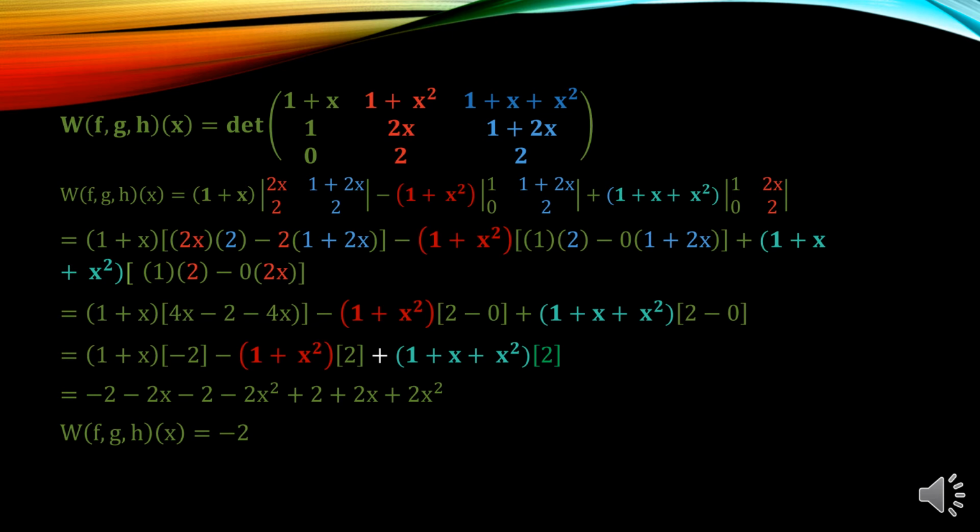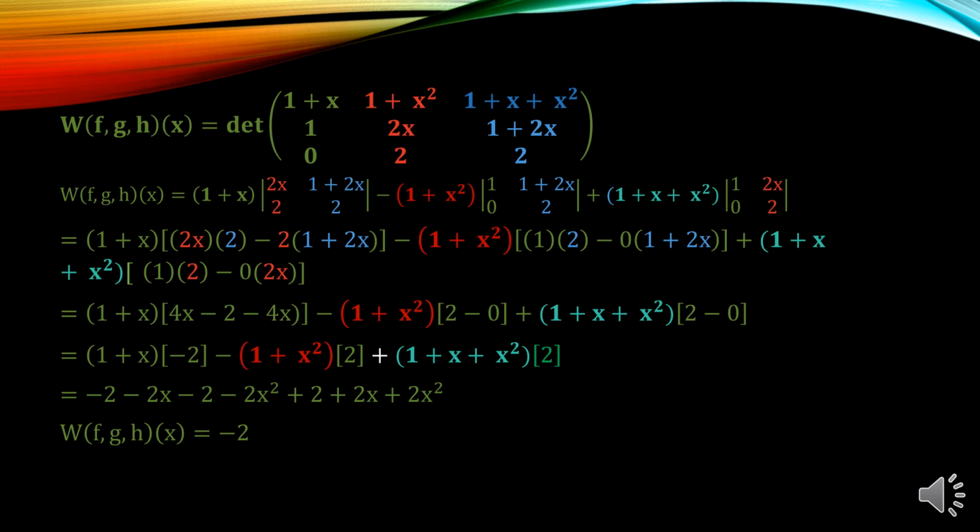And therefore we are looking at the uses of the Wronskian. It is used in the study of differential equations, where it can sometimes help us show the linear independence in a set of solutions.